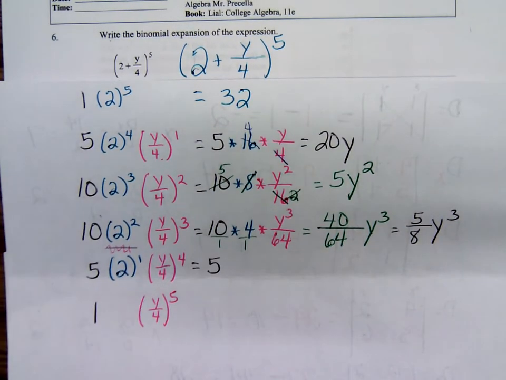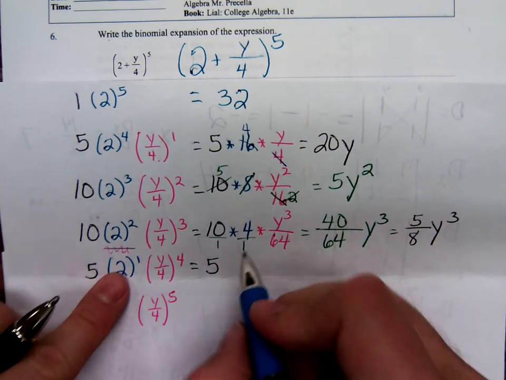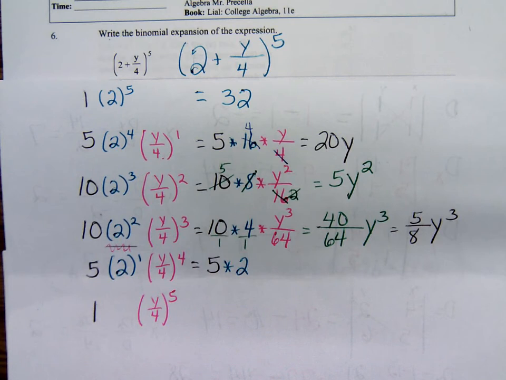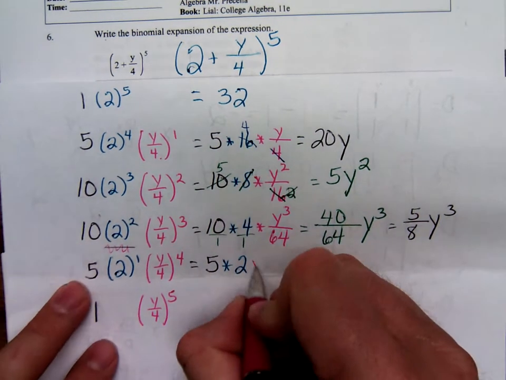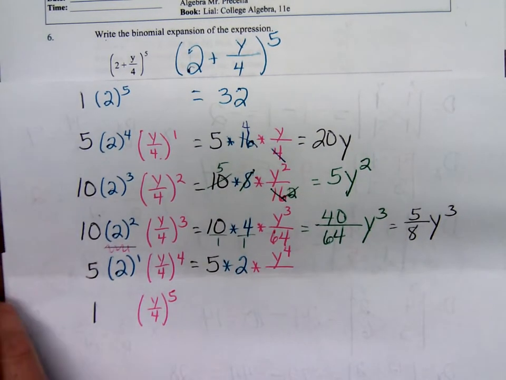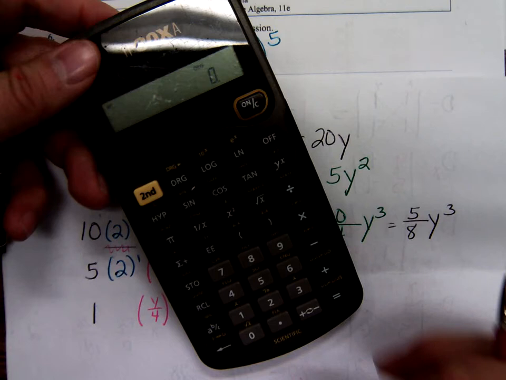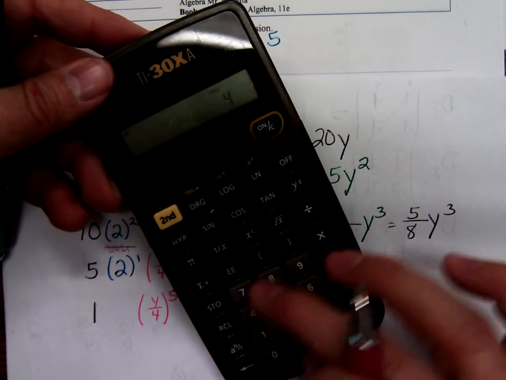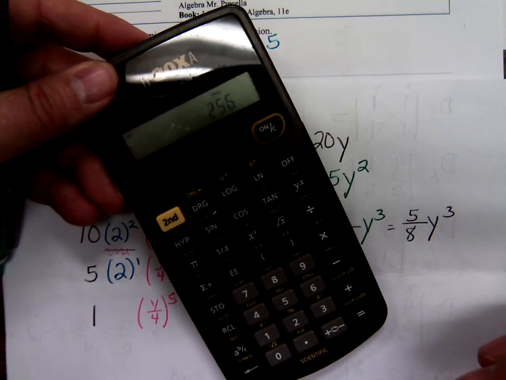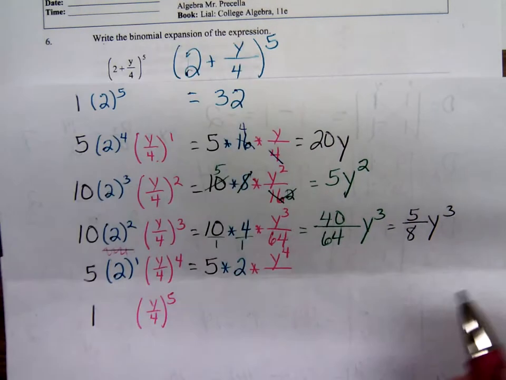I have a 5. A 2 to the first is 2. And a y over 4 to the fourth. Ugh. That's going to be a y to the fourth over what? Let me plug out this little calculator again. 4 raised to the fourth power is 256. Okay, so 256.